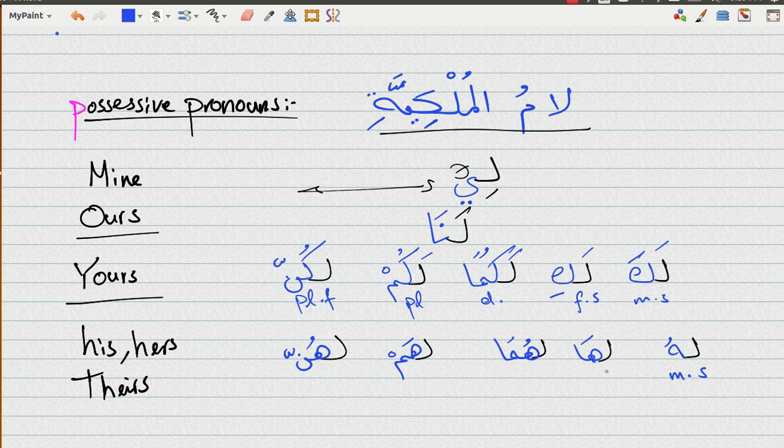Laha for her or hers. Lahuma theirs, but we're talking about dual. Lahum theirs, we're talking about three people or more that are all male or mixed gender. Lahunna refers to theirs when we're speaking about a group of females.